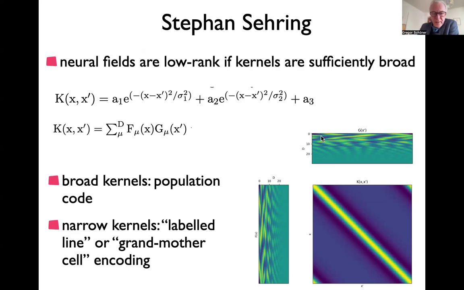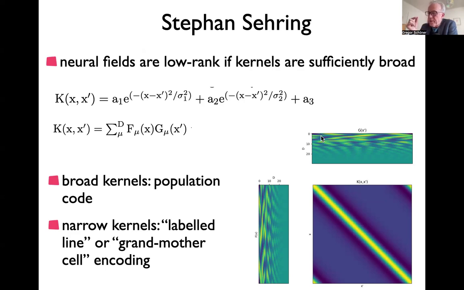We know that the peaks roughly always have the shape and the width of the kernel. So in that sense, we can map this onto our thinking to say, well, when the fields have broad enough kernels, they are low rank in the jargon of this field. And then they already do population code.